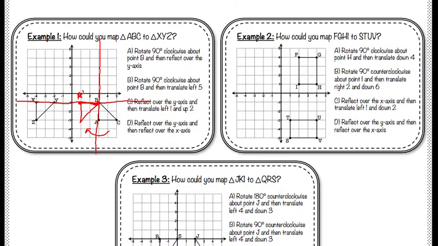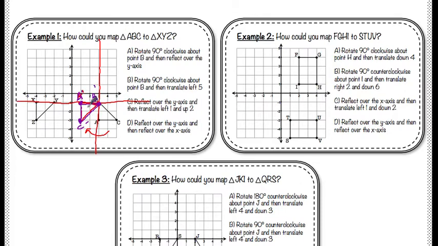Let me draw that in another color so you can see it a little bit better. It would swing upwards like that, and the slanted side would be over here.